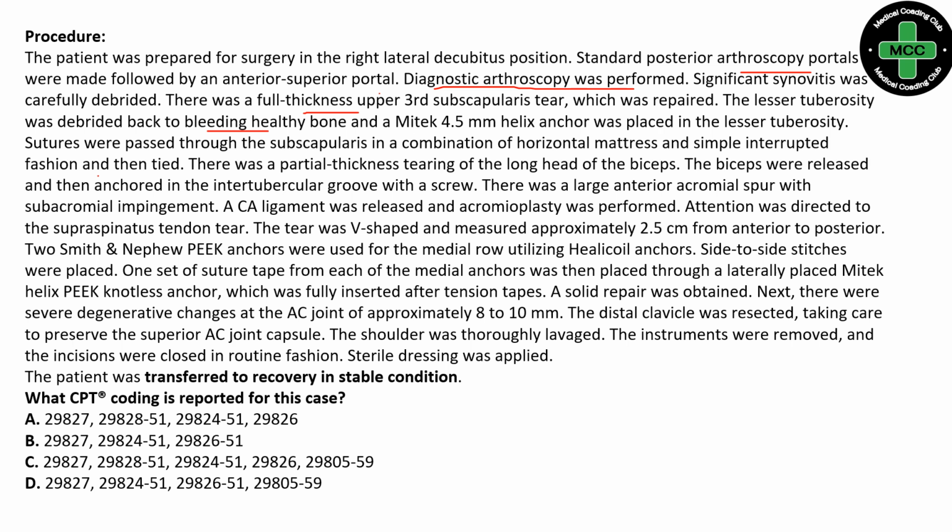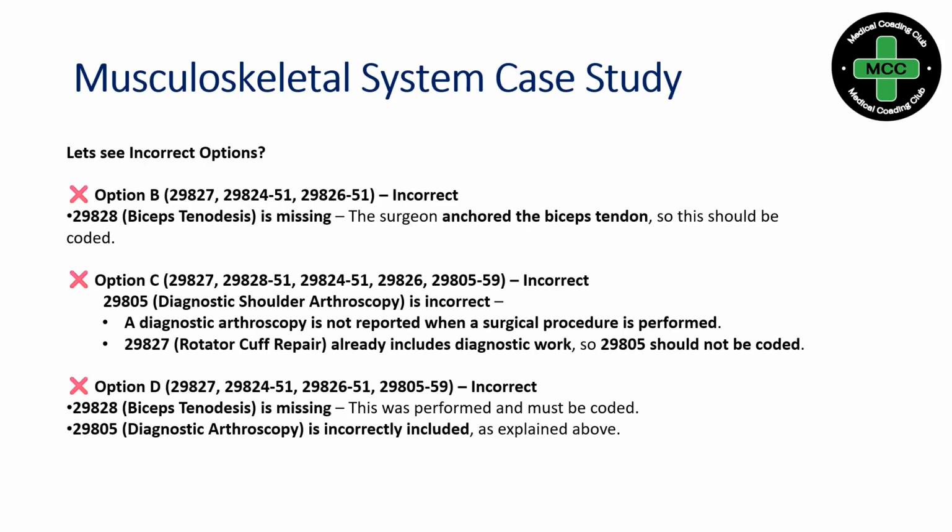So let's go by option and see what the incorrect options are. You can see there is modifier usage and there are multiple procedures in all the options. First we'll focus on the wrong options. Option B is incorrect, because there is no code for biceps tenodesis.